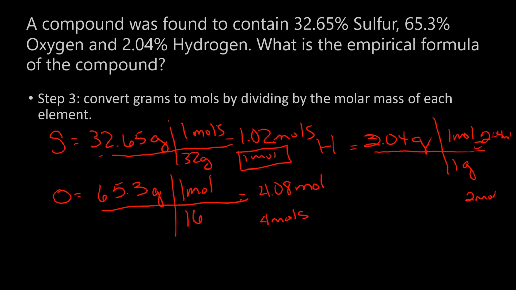It's 1 mole, and we divide all 3 by 1 mole. And so we have S equals 1, H equals 2, and O equals 4. So our empirical formula is H2SO4.